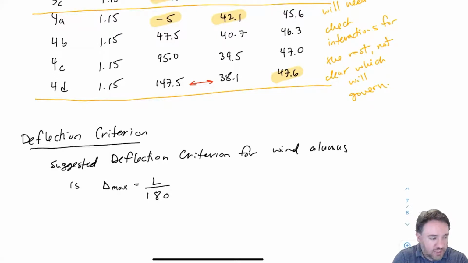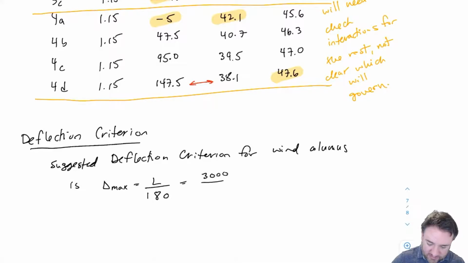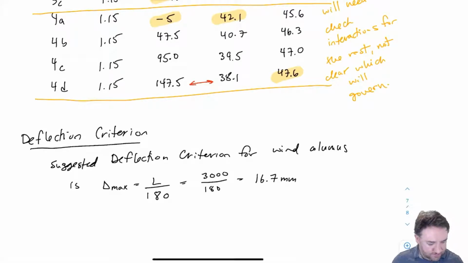But one recommended deflection criterion for wind columns is very similar to that from our standard, which is to limit the inward or outward deflection to L over 180. In this case, since our L is 3000, we want to stay under 16.7 millimeters, or 17 millimeters.